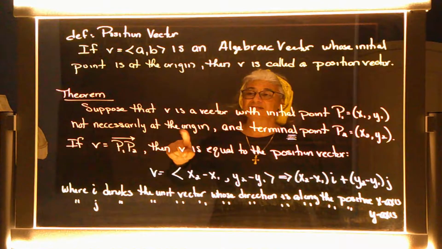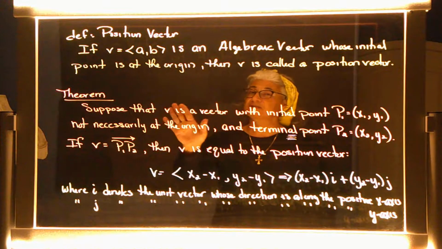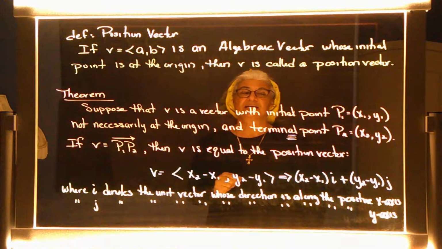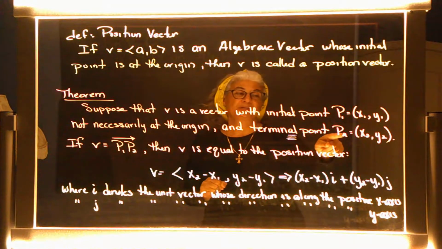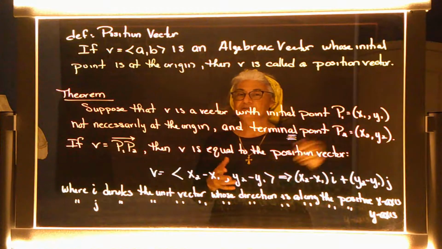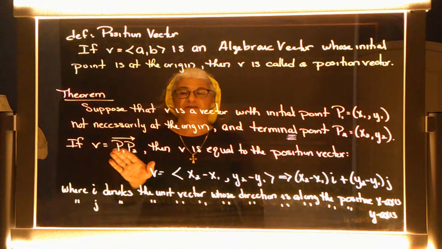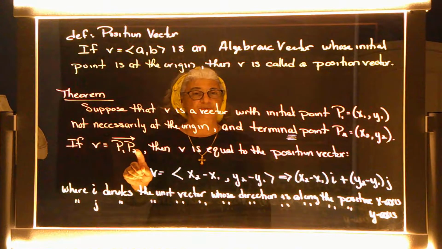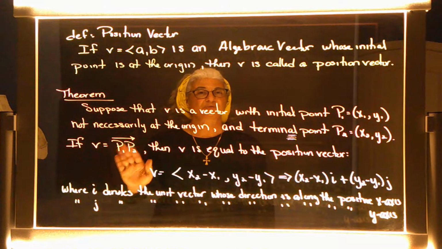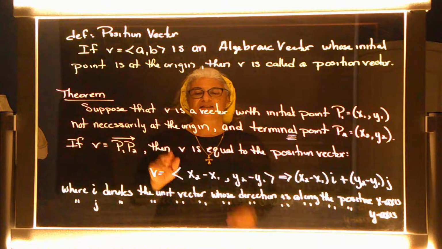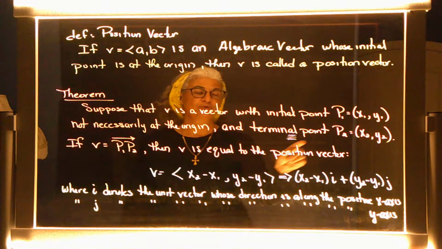But it's not necessarily at the origin. And now it also has a terminal point p sub 2, x sub 2, y sub 2. If we have vector v, which starts at p sub 1 and goes to p sub 2, we know this notation, then v is equal to the position vector.